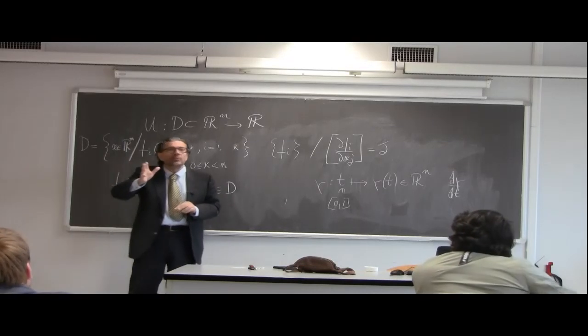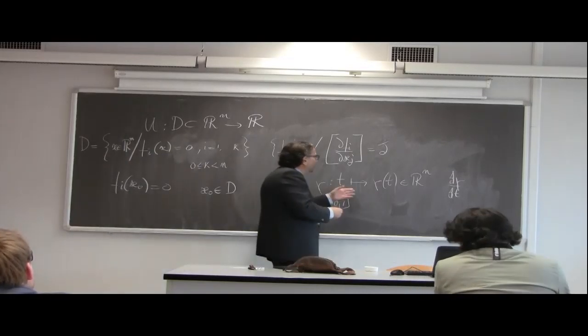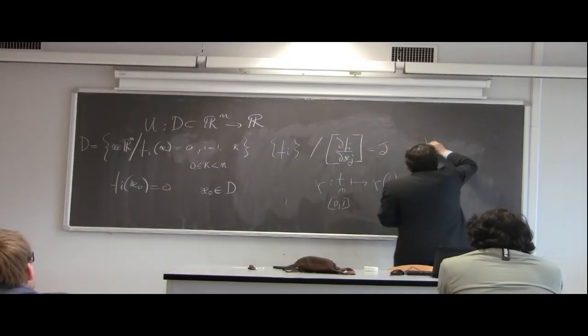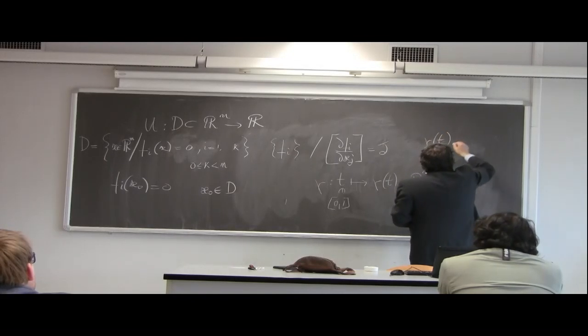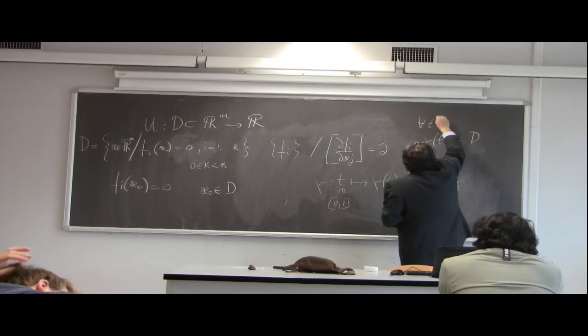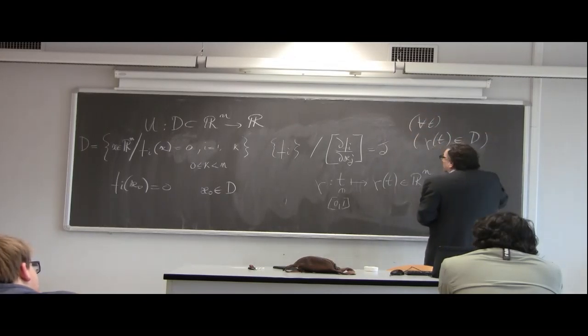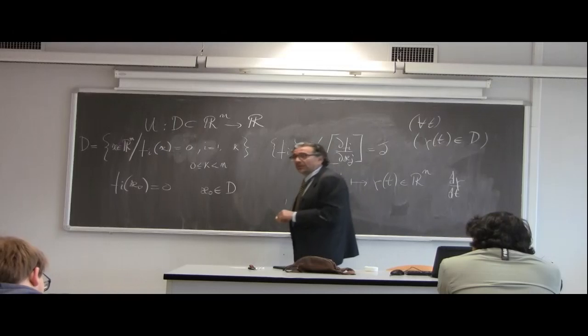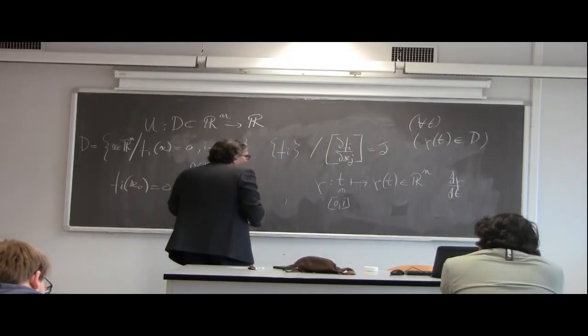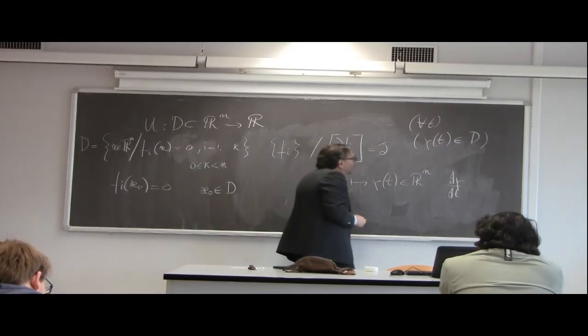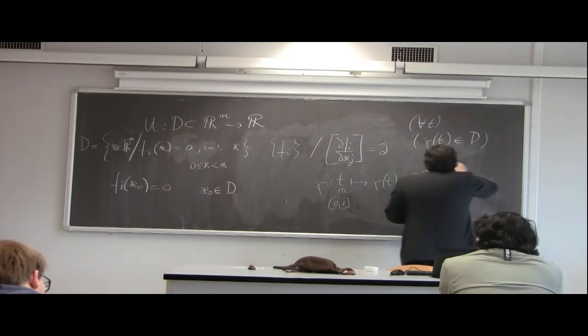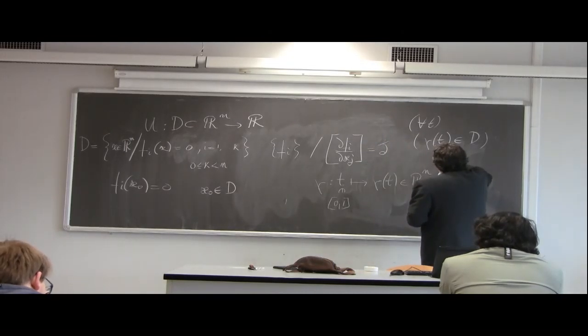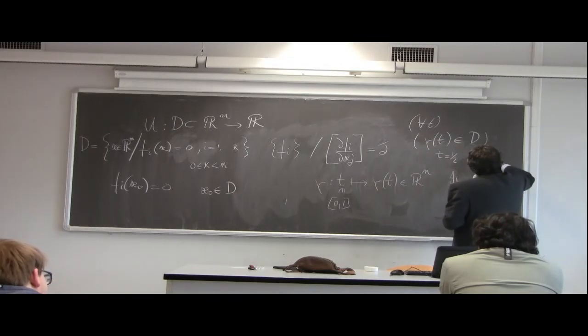Why do we need to consider these curves? So gamma of t belongs to D for every t. And we can also think that when t is equal to 1/2, gamma of 1/2 is equal to x0.